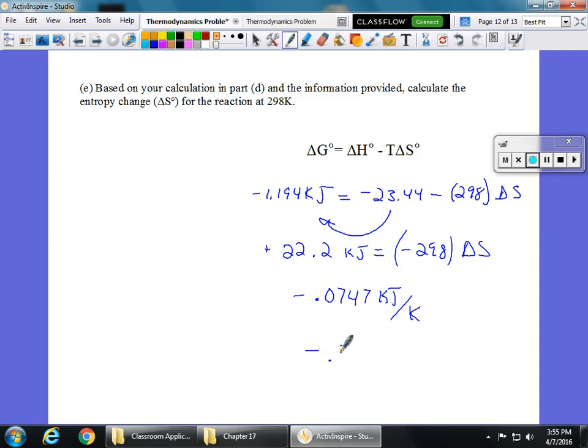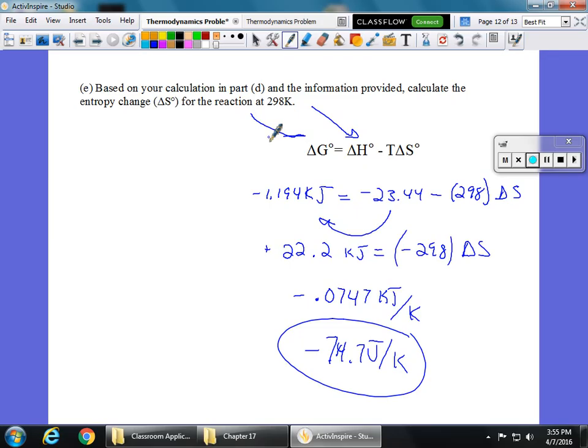Or you could write this as negative 74.7 joules per Kelvin. Delta S is typically given in joules per Kelvin. That's pretty straightforward as a plug and chug. I'd probably say that's worth 2 points: one for using your correct value, substituting from the delta H information, and another for correctly putting in your delta G and solving.